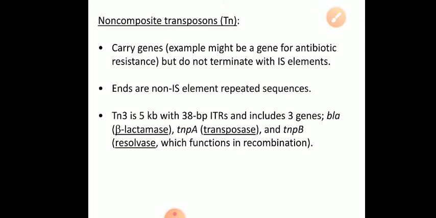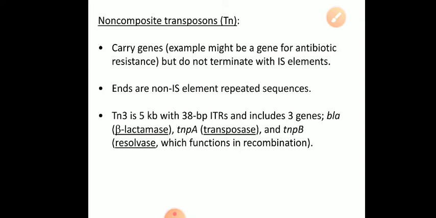Number one, the bla gene, which produces the enzyme beta lactamase. Then tnpA, that means the transposase gene, because IS elements are absent, but the transposase enzyme is needed for transposition. So the transposase enzyme will be required. So who is going to prepare that?